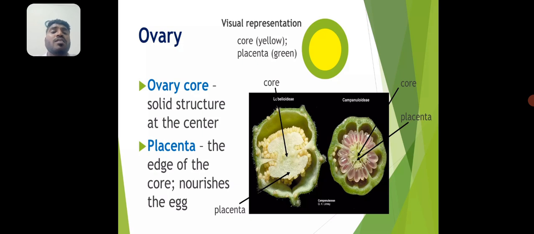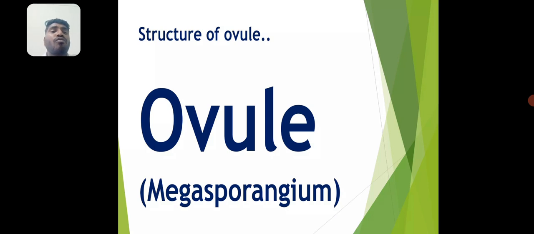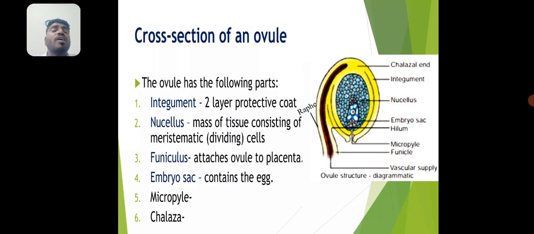Ovary. The ovary core is a solid structure at the center. The placenta, at the edge of the core, nourishes the egg. Structure of the ovule: it is a megasporangium. Cross section of an ovule.